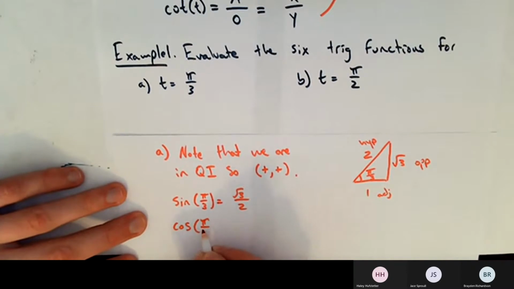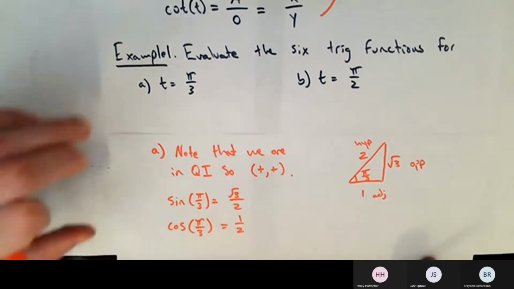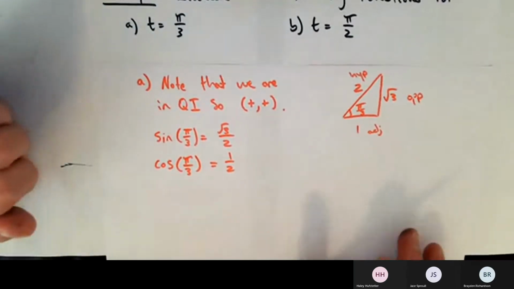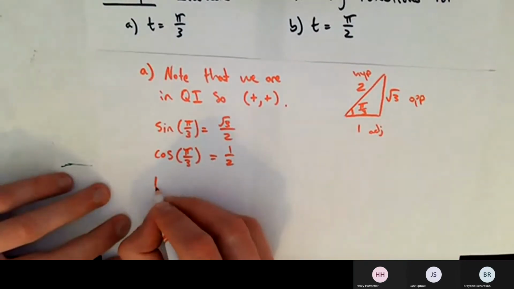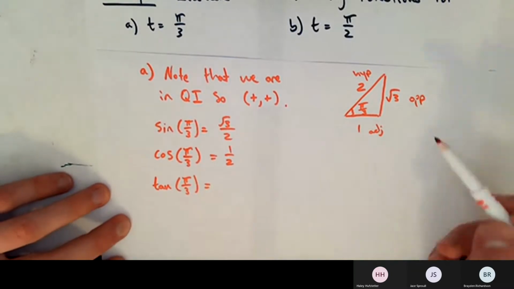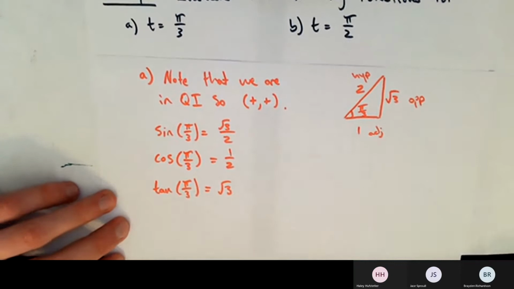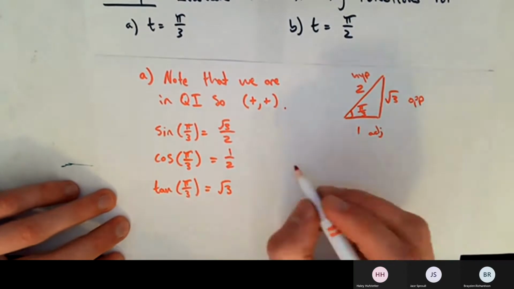Cosine of pi on 3 is adjacent over hypotenuse, so 1 over 2. And now I'm going to list every single trig function. Tangent of pi on 3 is supposed to be opposite over adjacent, so square root of 3 over 1, right, which is just square root of 3.